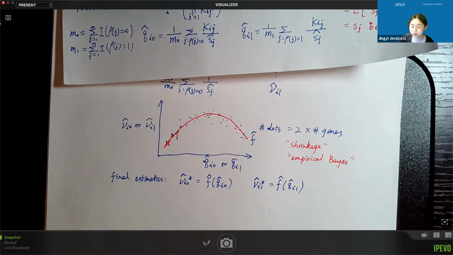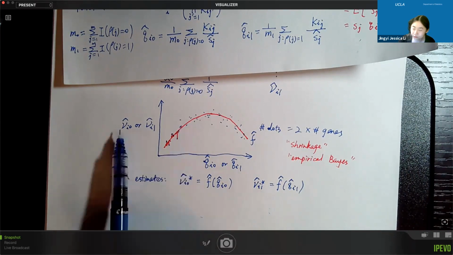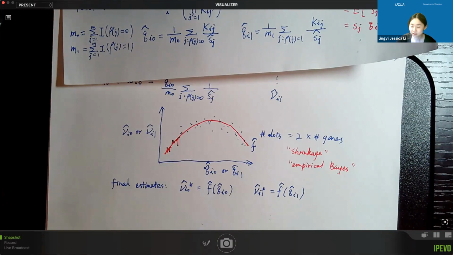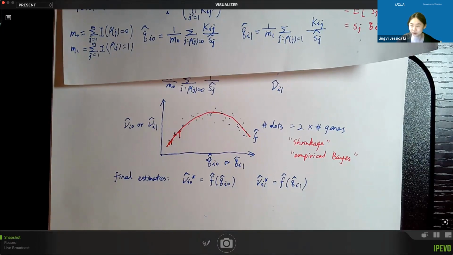So in other words, we are borrowing information from other genes to refine the estimate of gene I. And clearly there's always a trade-off, pros and cons, for this approach. The pro is that you can get variance estimates with smaller variances with this constraint. But the con is that you will have some bias introduced by this shrinkage, because your estimation is not purely from data, but also from your assumption of the smooth pattern. Okay, so let's stop here.